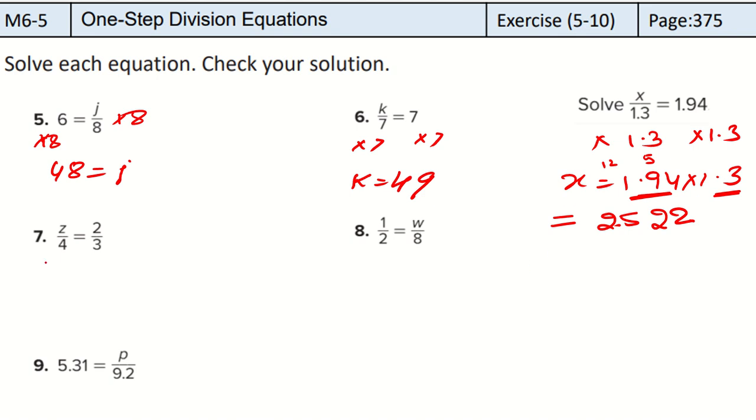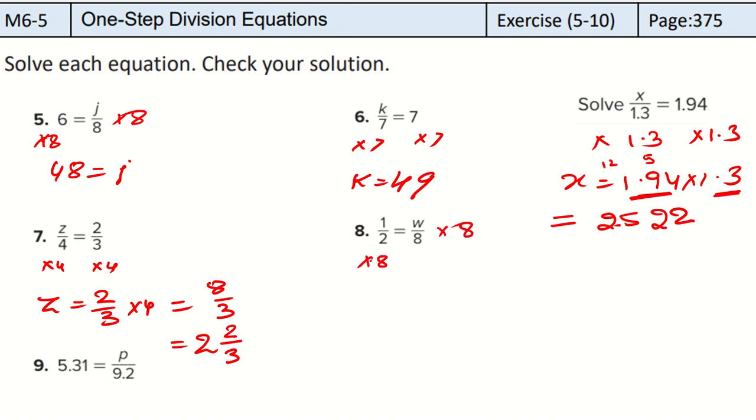Okay. Now here multiply by 4. So it will be z is equal to 2 by 3 times 4 means 8 by 3. 8 by 3 means 2 and 2 over 3. For this multiply by 8. So w is equal to 1 over 2 times 8, means 8 is up, 2 is down, so you can divide, it is 4.